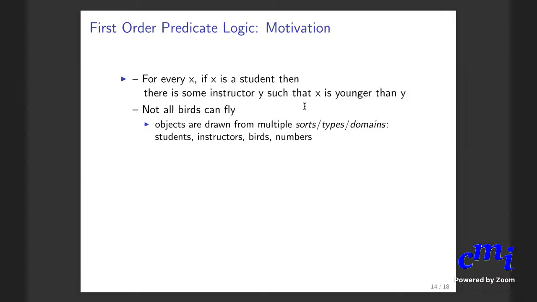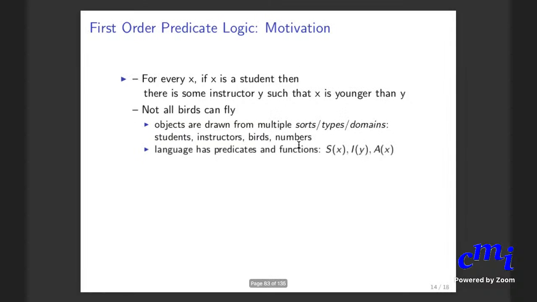Here, instructors, birds, and also numbers, and animals that can fly, are all different sorts. And as somebody earlier observed, some of these domains can have an infinite number of elements as well. So that is permissible.